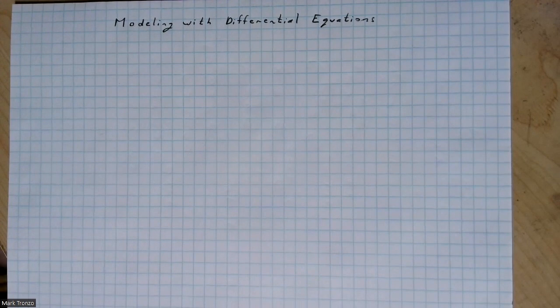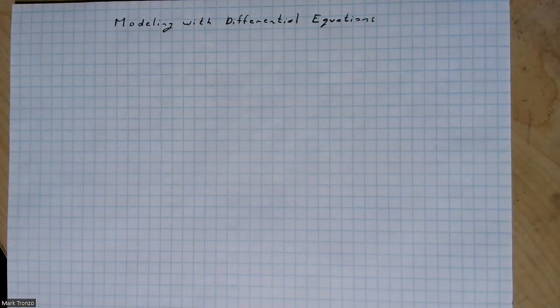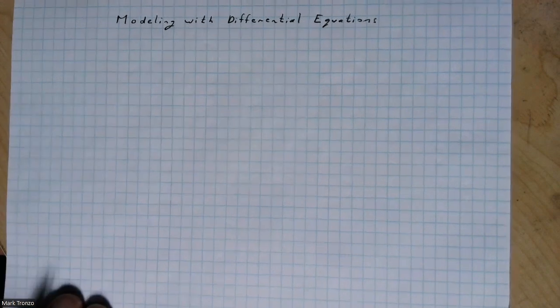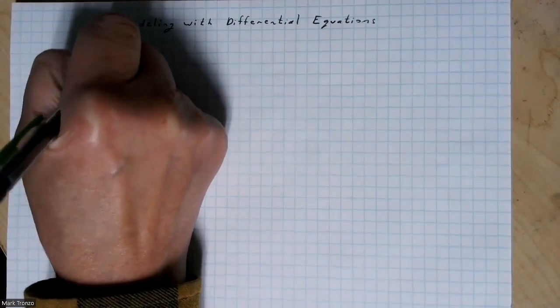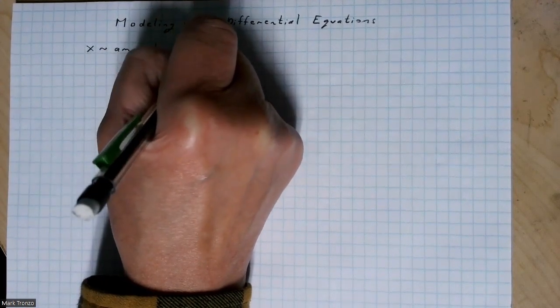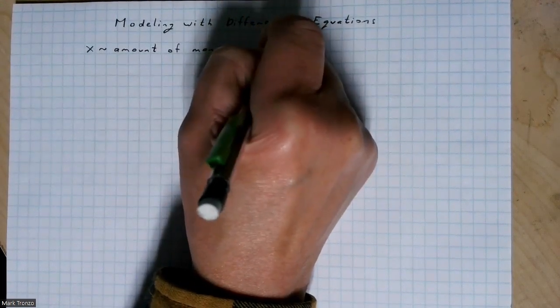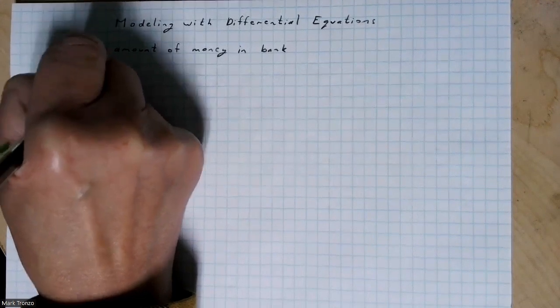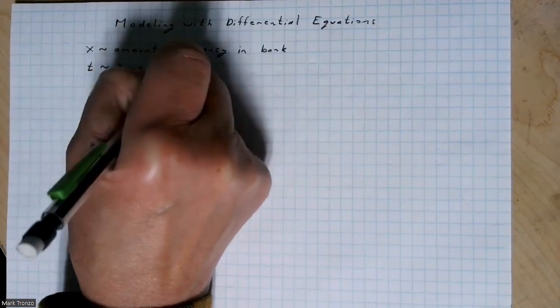Now, some of the basic models to make differential equations are actually pretty easy. One thing nice about differential equations, when you're setting them up, you just have to set up the change in the value. So for example, let me start with a pretty simple example. Let's suppose X is the amount of money in the bank, and T is time, and let's say it's in years.